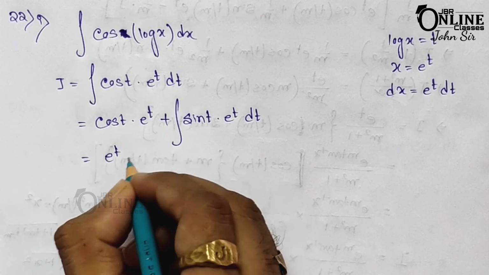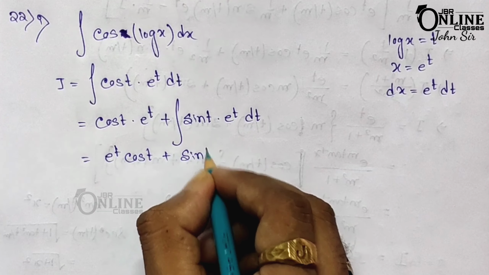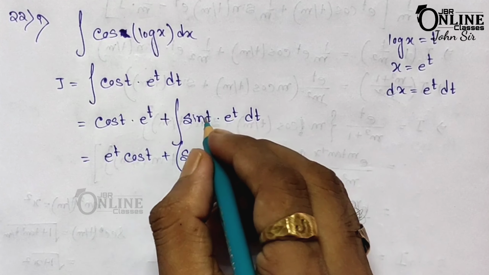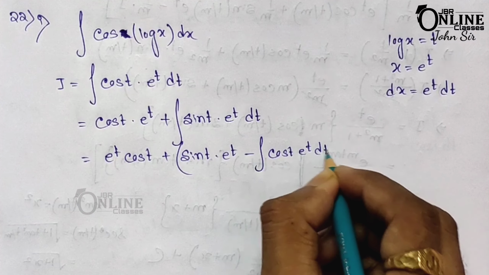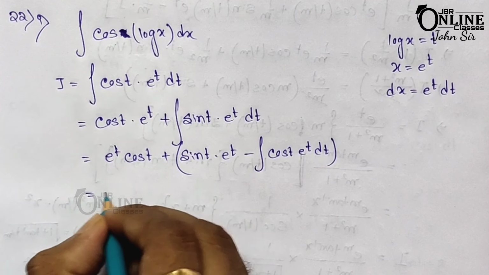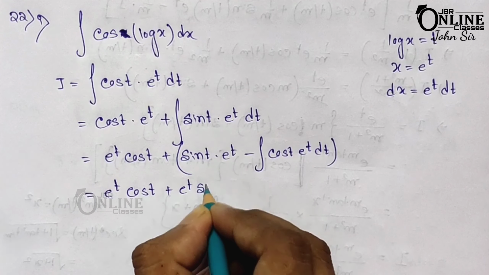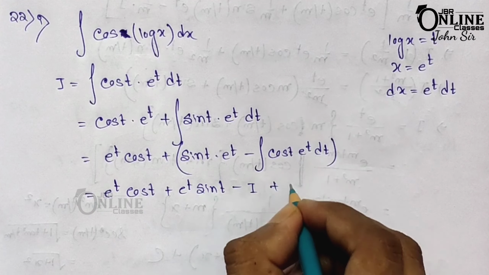Now as in the previous one, it will be sin t e to the power t, then minus integration cos t e to the power t dt. So now here e to the power t cos t plus e to the power t sin t, and this will be I plus c.